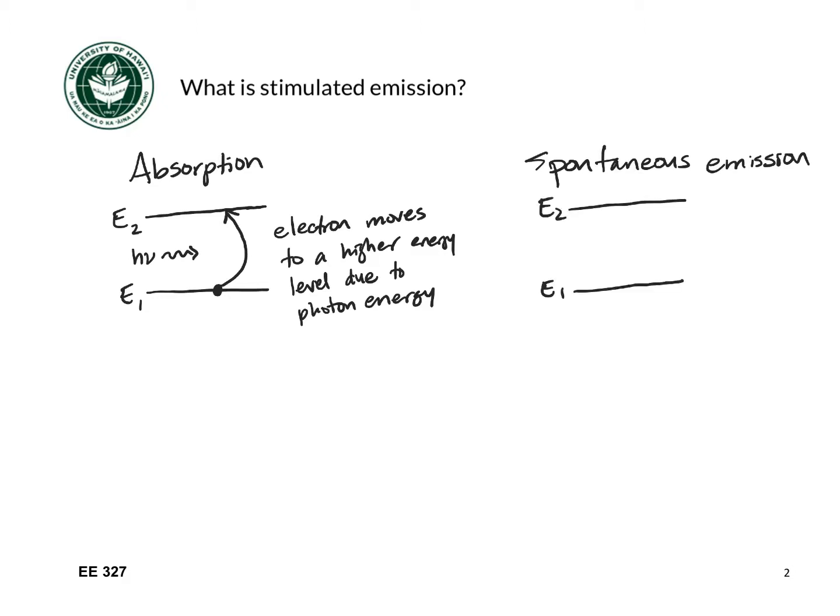Okay, for this process, we are starting with an electron at a higher energy level, and since you always want to move from higher energy to lower energy, that electron can transition to a lower energy level. It's losing some energy, and that energy is converted to a photon with an energy equal to the difference between E2 and E1.